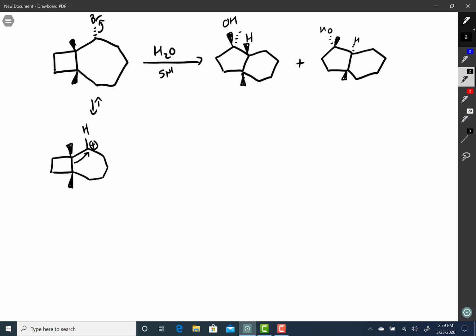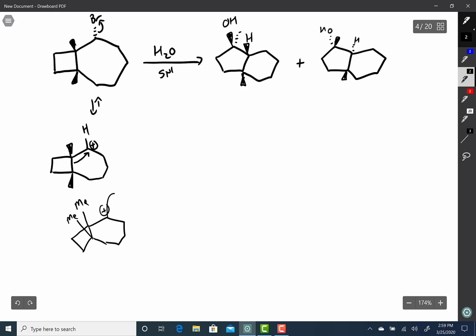This group, if we kind of look on a side view, that has an empty p orbital. And essentially what we're doing is we're shifting this bond over to one of those two sides.